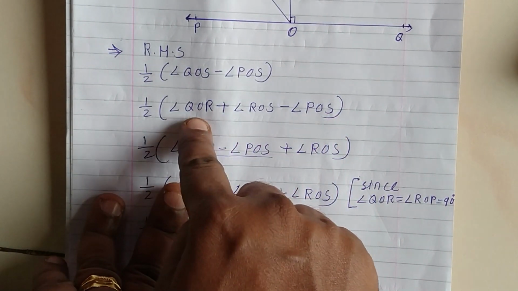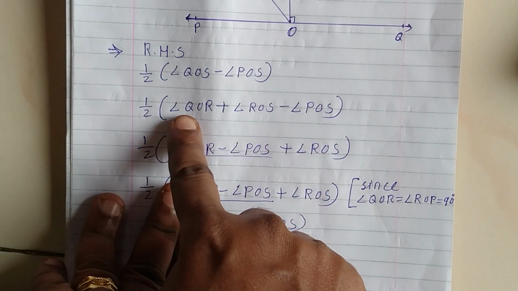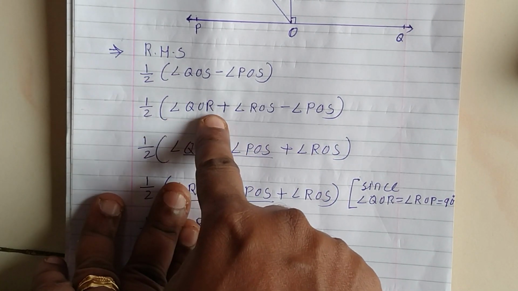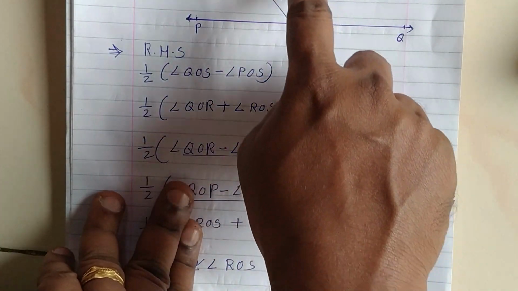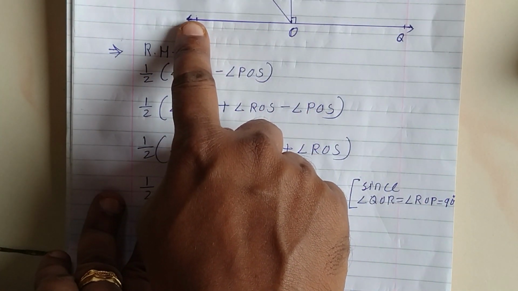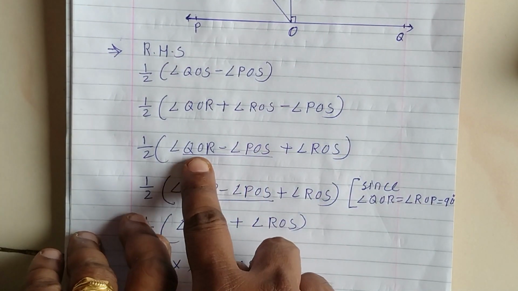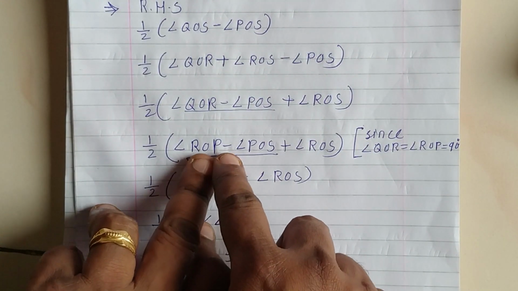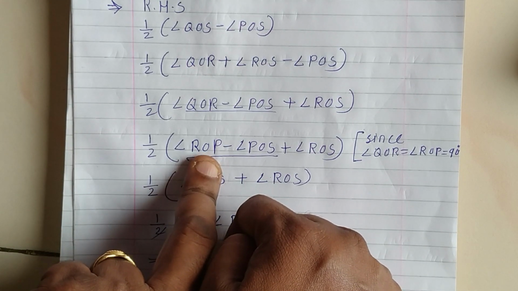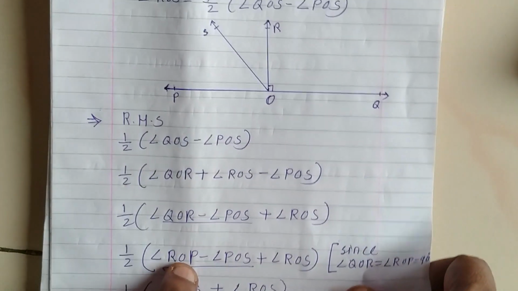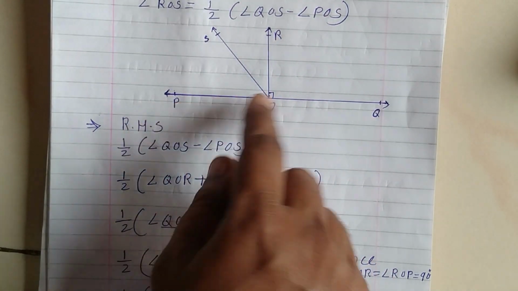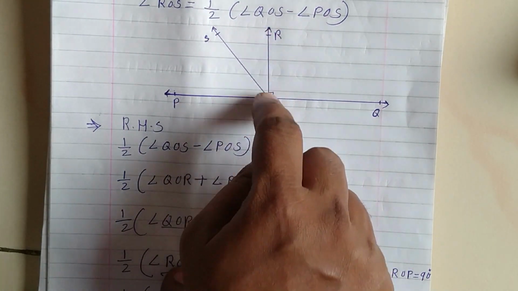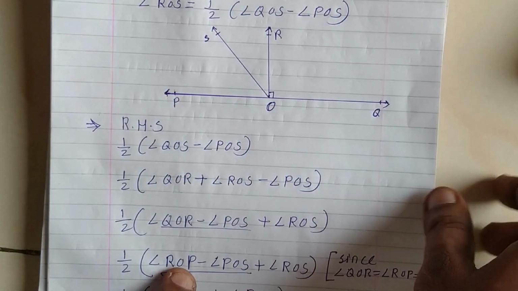Okay, half. Now see student, angle QOR, it is 90 degree. So ROP is also 90 degree. So in place of QOR I have taken ROP, because QOR is 90 and ROP is also 90.